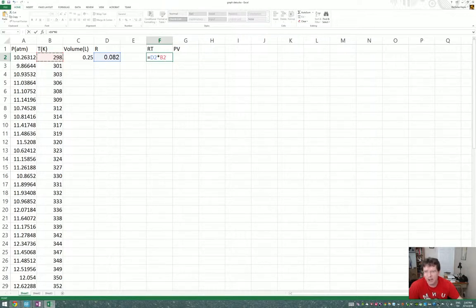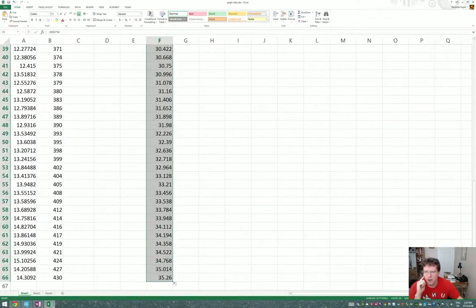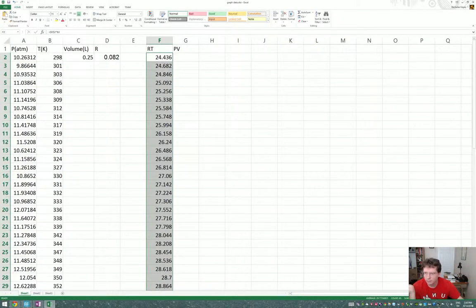Easy peasy. One thing that's worth noting, and this is kind of an advanced option, is that you want the D2 to stay. Okay? Now what I mean by that is I'm about to drag down this column. And what you'll see here is that it does all the math for me, right?